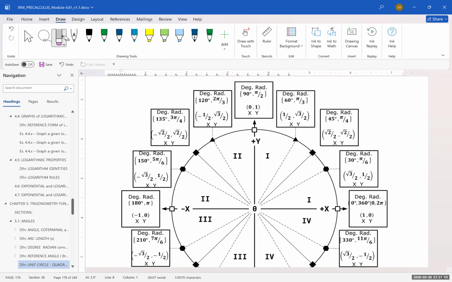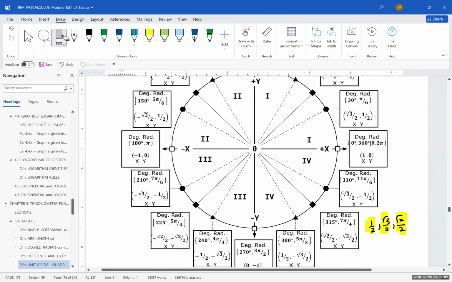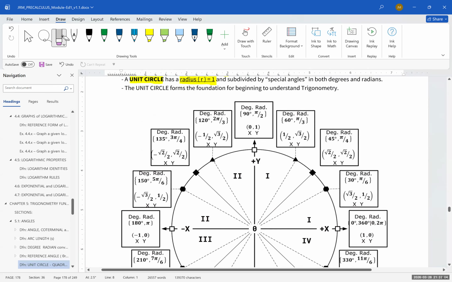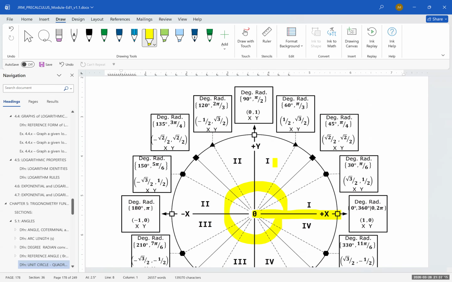So I think in general, that's almost everything. Let me mention one more point. This is the initial side. And as you go around, you're going from quadrant 1 to 2 to 3 to 4. And so the measurement of angles starts here. So 0 degrees, 30 plus 30 plus 45 plus 60 plus 90.